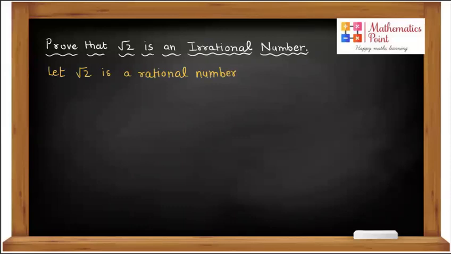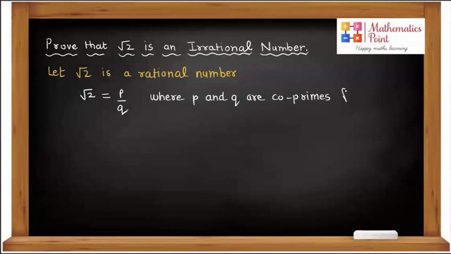A rational number is a number which can be written in the form of P over Q. Therefore, I can write square root of 2 in the form of P over Q, where P and Q are co-primes and Q is not equal to 0.